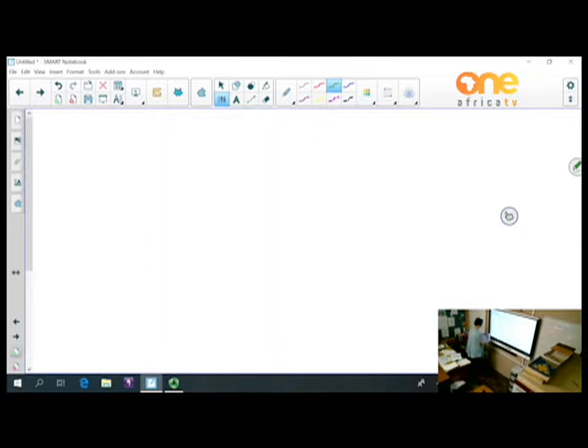Right, the next one is J. Which function there? It's again Pythagorean that you will do there. So it is the square root of 8.5 squared plus 6.5 squared close.